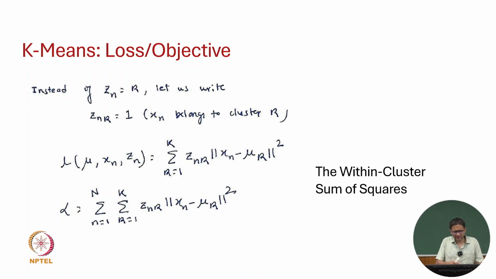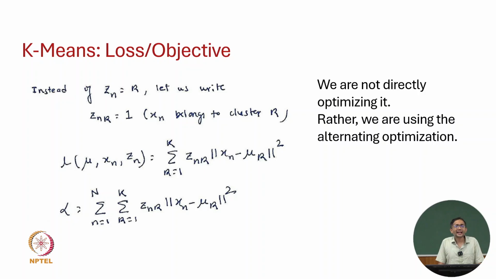So this particular equation can be written in slightly different ways, implying the same thing. What this at the end is representing is the within-cluster sum of squares. And one important point to understand is that we are not directly optimizing this, rather we are using the alternating optimization, the k-means algorithm that we just described before. We are using this to implicitly achieve this optimization.